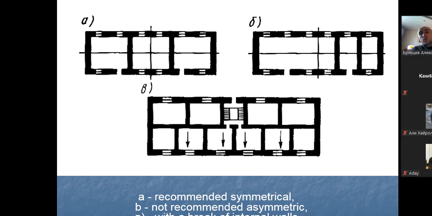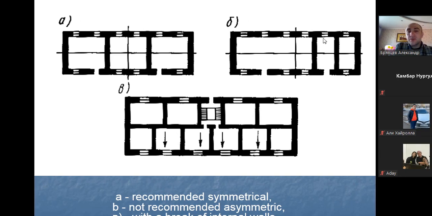So, what does asymmetric mean? Asymmetric means that the location of the bearing walls is concentrated only in one part of the construction. It means that this part will have more own weight, and when the building stands on the soil, on the ground, it will transmit a non-uniform, varying load to the soil.